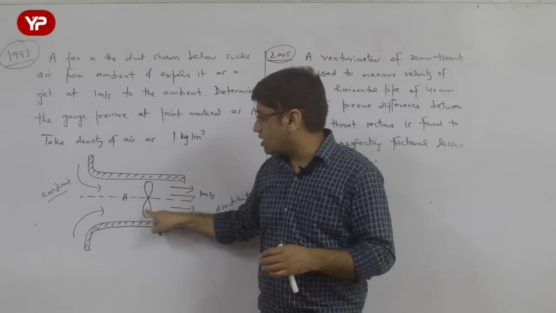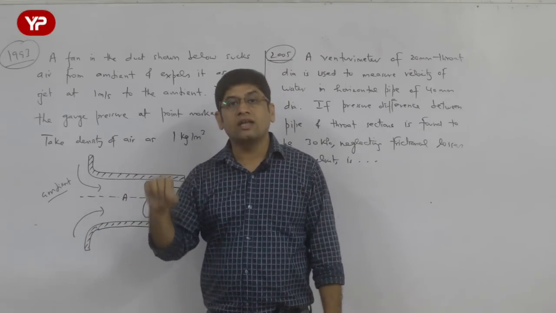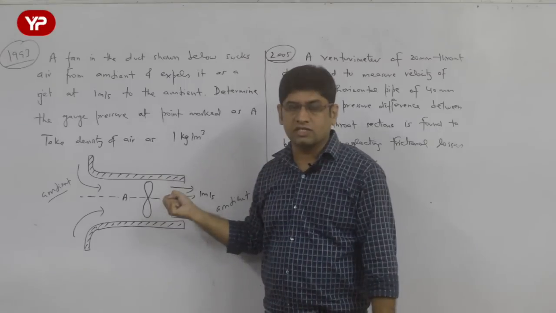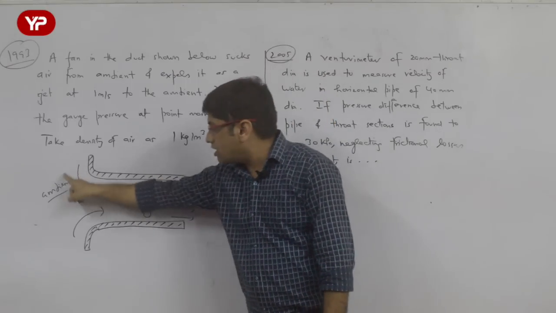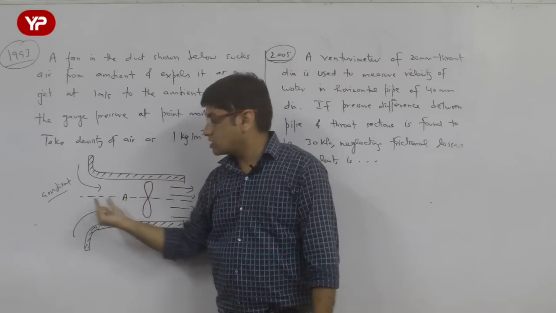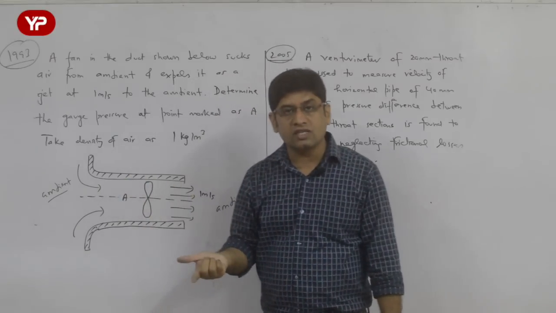So the blades of the exhaust fan are so designed that on the upstream side, the pressure is lesser than ambient pressure, and because of that only the suction takes place. If I ask you why the air is flowing this side, what is the reason, you will say, sir, pressure here is more, pressure here is less. And what is creating lesser pressure than ambience?